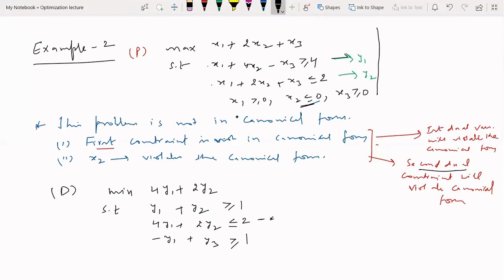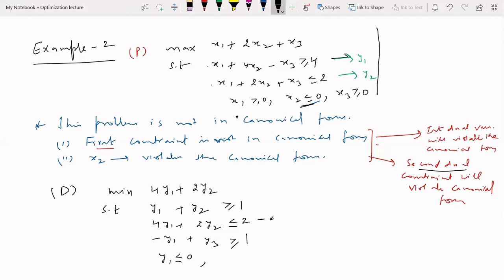Similarly, for the variables: we have two variables, and the sign of the first variable is determined from the sign of the first constraint. For a maximization problem, the canonical form is less than type constraints. Because the first constraint violates the canonical form, my first variable will not be in canonical form, so the sign of the first variable will be negative.